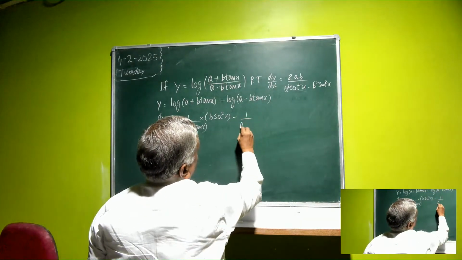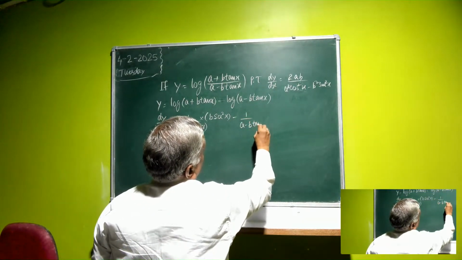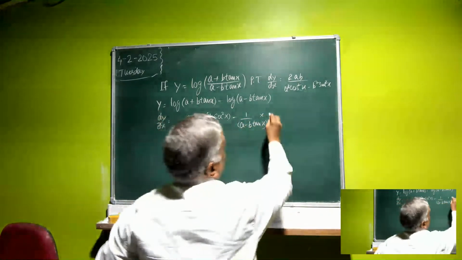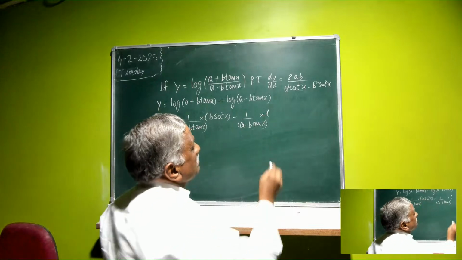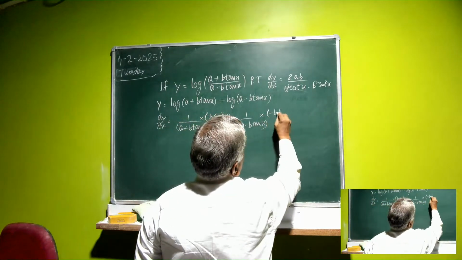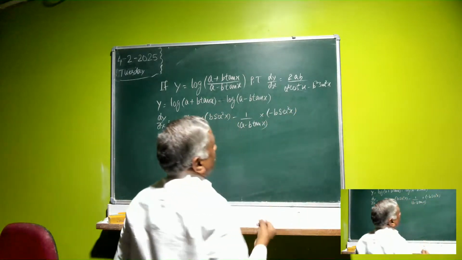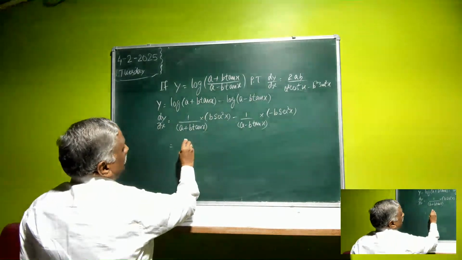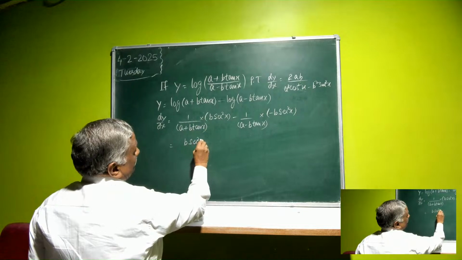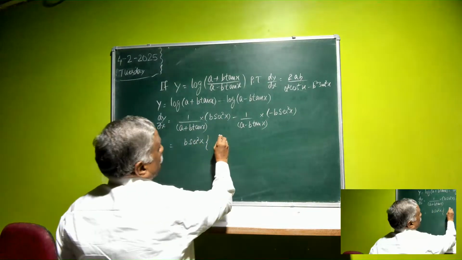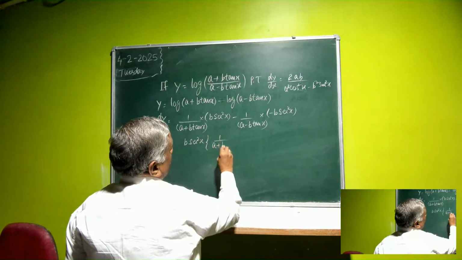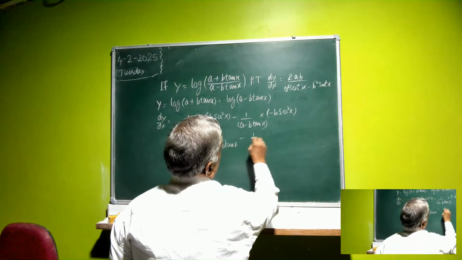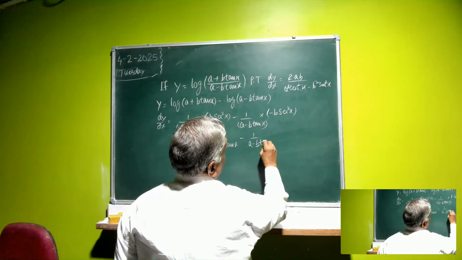Minus 1 over a minus b tan x into difference of a is 0 minus b secant square x. Because b is a constant, keep it as it is. I think we can take out b secant square x common. So what do we get? 1 over a plus b tan x minus 1 over a minus b tan x.